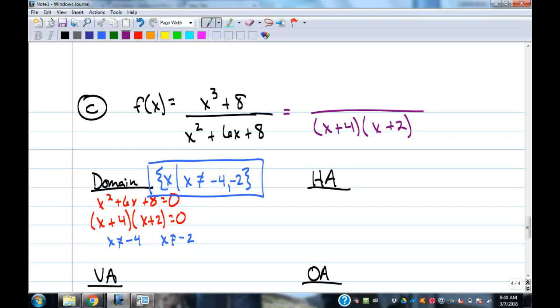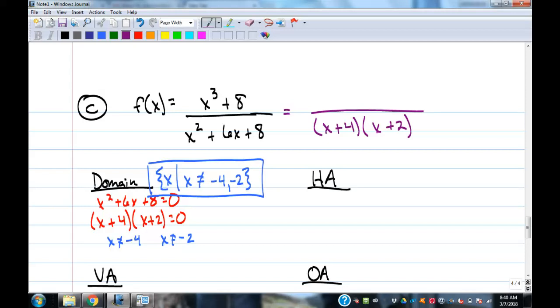Because it's a sum of cubes. Remember, sums of cubes factor a certain way. Not quite. There are some sign changes, but it's not quite what you said. You're on the right track.